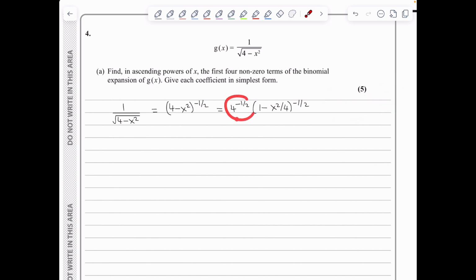Now we know that 4 to the minus a half is simply 1 over 2, so we're looking at 1 over 2, and then for the binomial expansion, we've got 1 plus the power of minus a half times minus x squared over 4, plus the power of minus a half, deduct 1 from the power, it's minus 3 over 2, divided by 2 factorial times minus x squared over 4 raised to the power of 2, and then we've got the minus a half. We deduct 1, it's minus 3 over 2. We deduct another, it's minus 5 over 2 over 3 factorial.